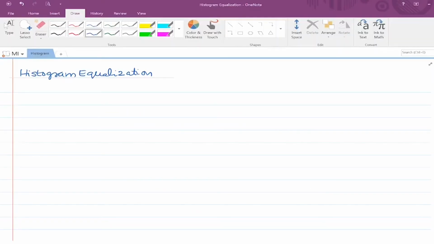Before going into histogram equalization, let's take a look at one of the image enhancement methods that we have already discussed, particularly the contrast stretching method. In that method, what did we do? Assume that I have a distribution of intensities.